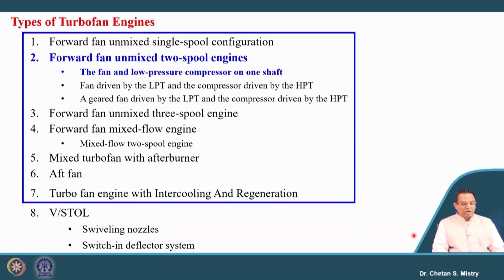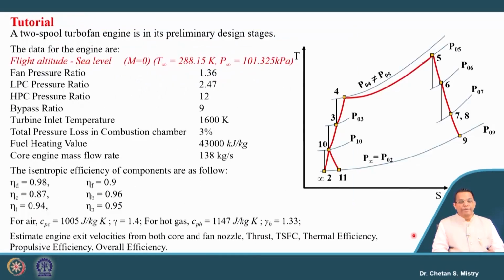So, let us take a numerical here. We have a two spool turbofan engine which is at its preliminary design stage. The data available are: flight condition at sea level, with atmospheric pressure and temperature of 101.325 kilopascal and 288.15 Kelvin.